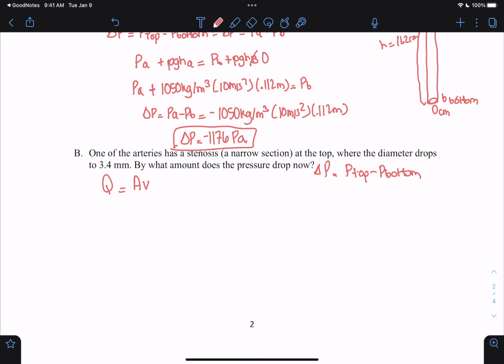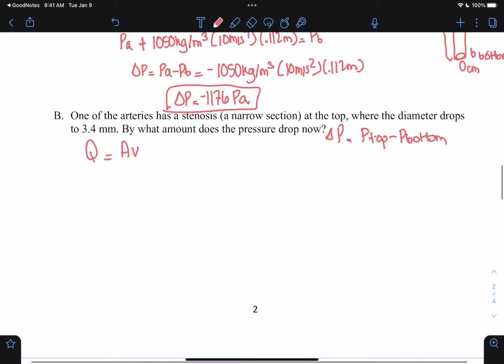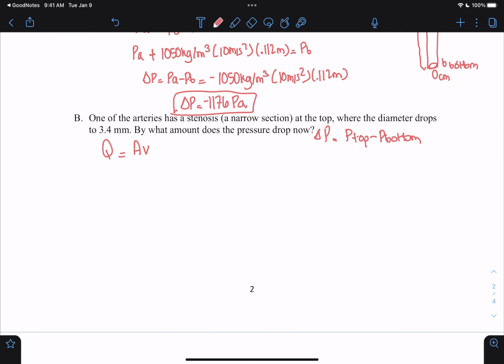So, with that being said, because of that decrease in area, because of that increase in velocity, an increase in velocity would now change some pressure values that we have here. And so this would have to factor in which equation? Which equation factors in velocity along with pressure and all of that stuff? I'll give you a hint.